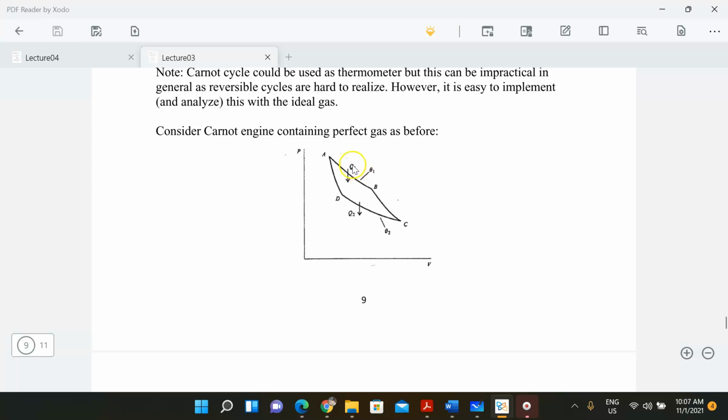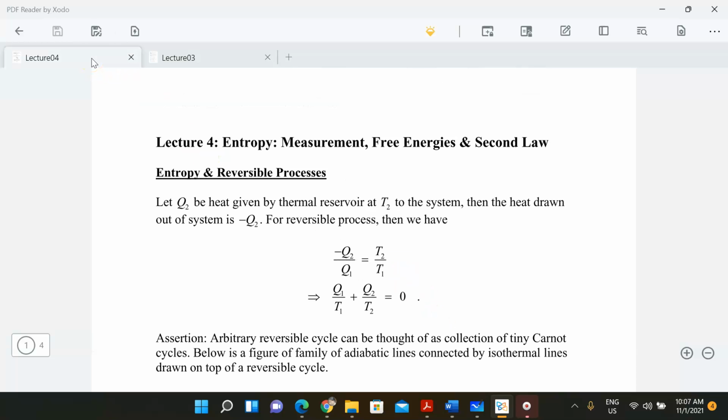So here, Q1 is essentially the heat taken by the system when it goes through this process of isotherm, and then Q2 is the heat released by the system as it goes under isothermal compression. Okay, so today we're going to look at these processes again.